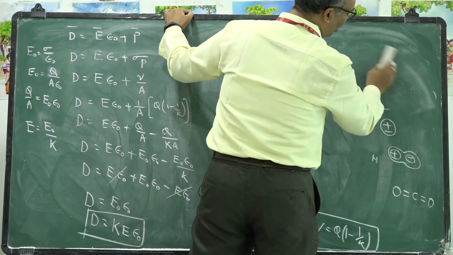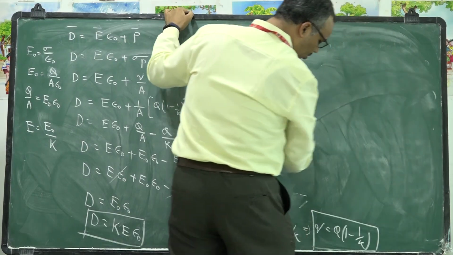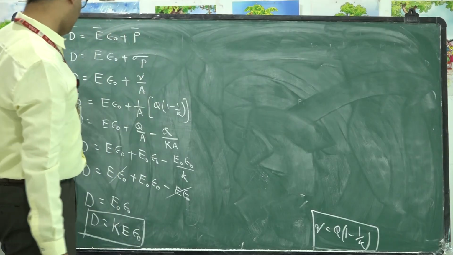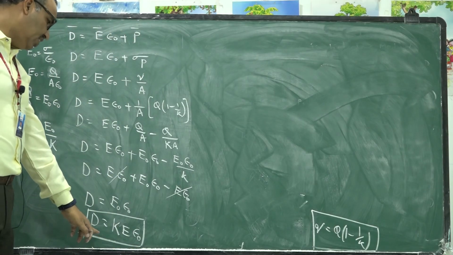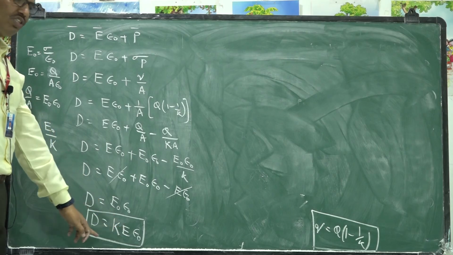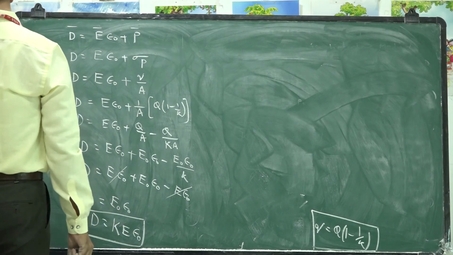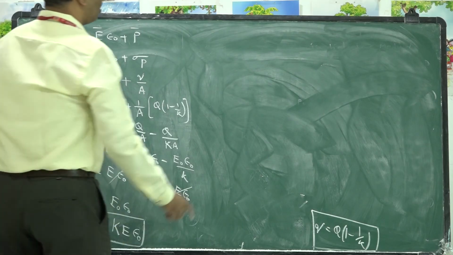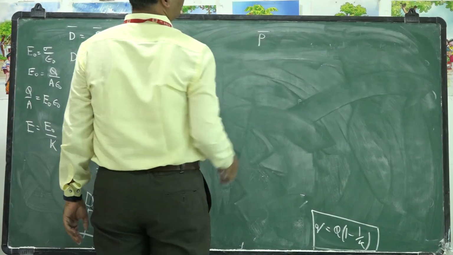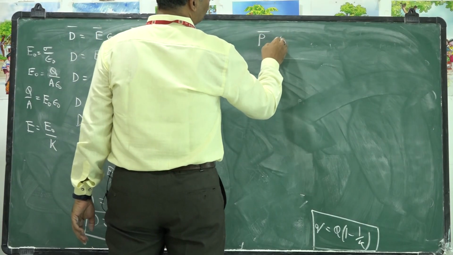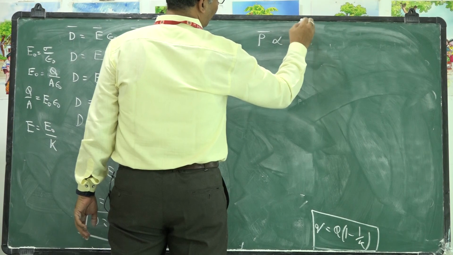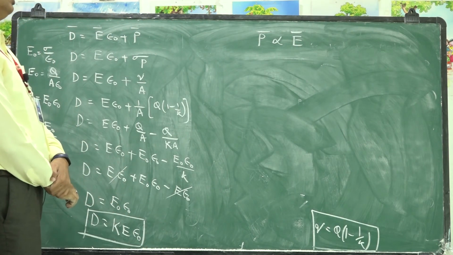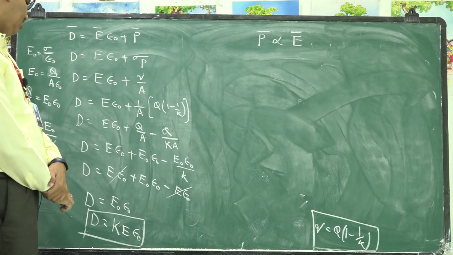Any problem related to dielectric may ask you to find the induced charge. So induced charge can be found with the help of this formula. Or if you are asked to find the displacement vector, you can use this formula. Otherwise, you know that the polarization vector is proportional to the electric field.